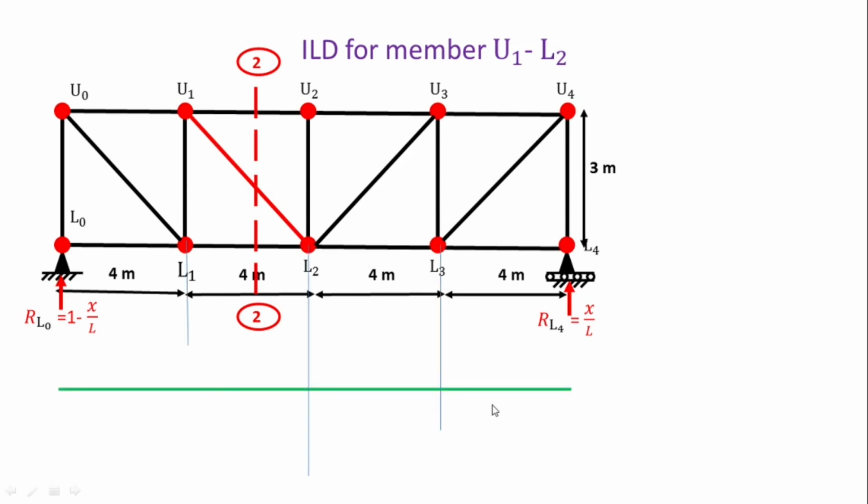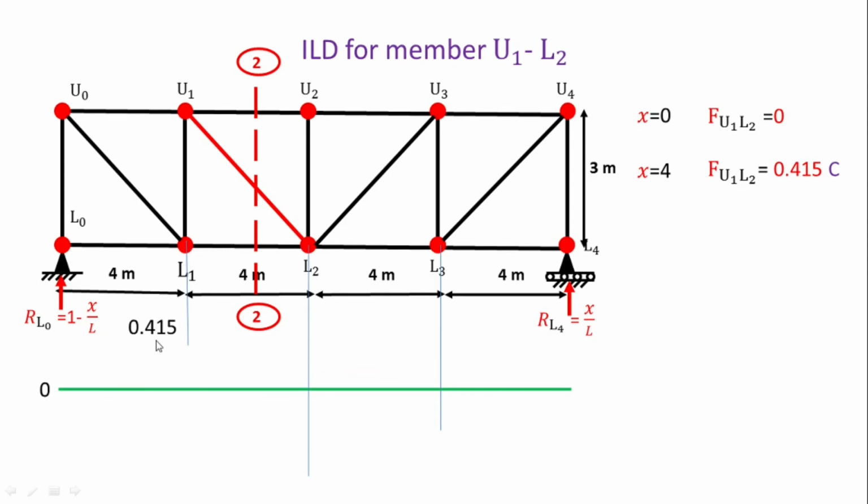So now we will plot the ILD for the member U1 L2. Draw the horizontal line equal to the length of that truss. Now here, when x equals 0, the ordinate is 0. Then when x equals 4, the ordinate is 0.415, but in compression. So we are taking compression as positive and above the line, and tension as negative and below the line.